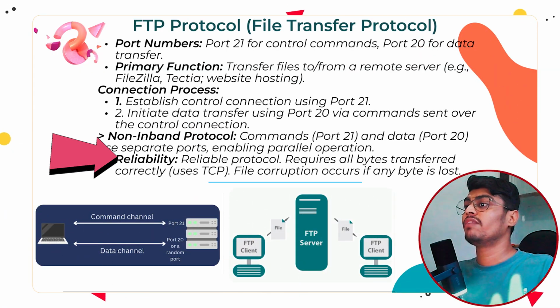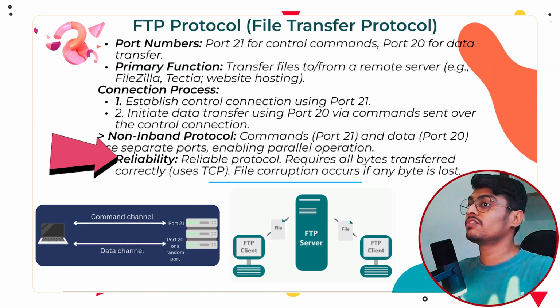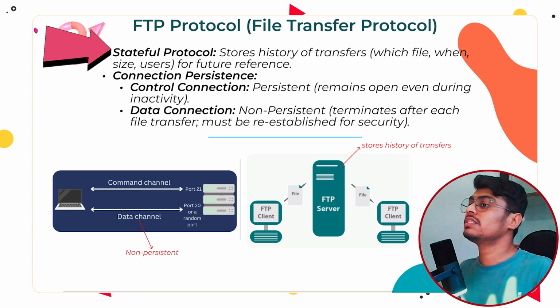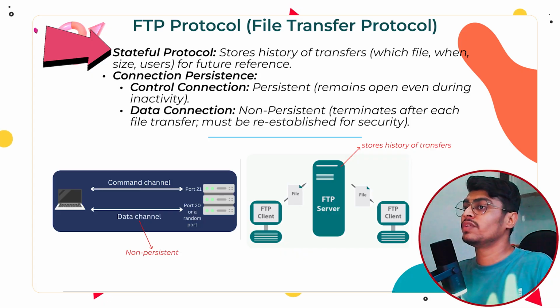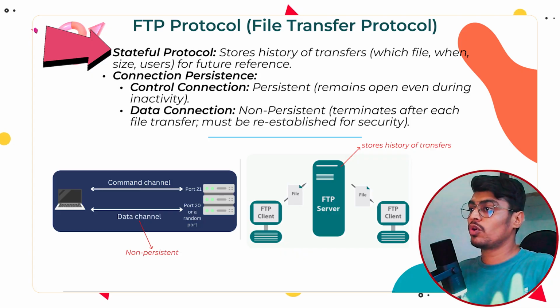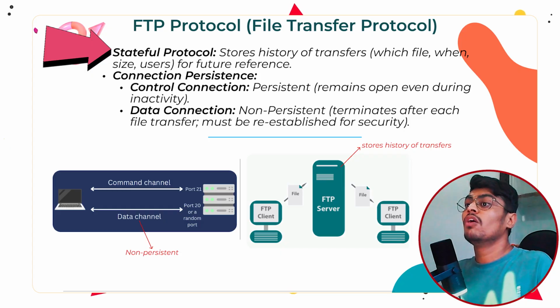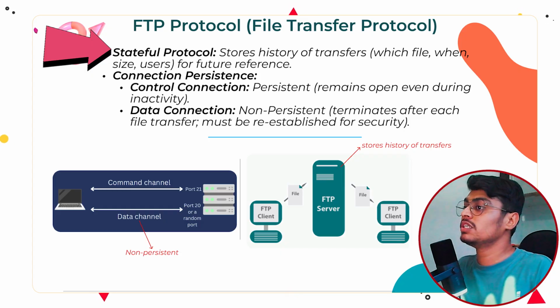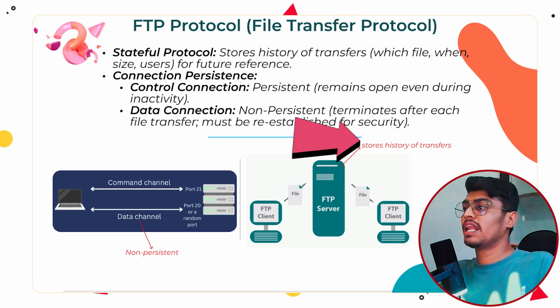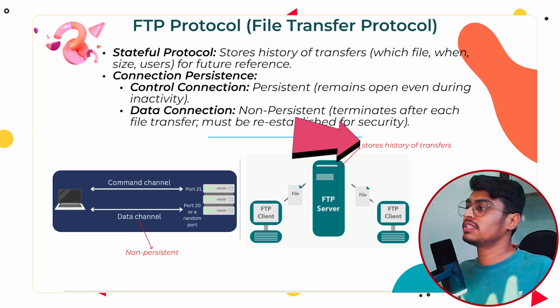FTP needs reliability because files are being transferred, and even if a single byte is lost, the file may not open. It uses the TCP protocol to achieve reliability, and it is stateful. Stateful means that if two users are transferring files between them, which file was transferred, what its size was, each and every piece of information is saved. So FTP is reliable, non-in-band, stateful, with a non-persistent data connection and a persistent control connection.